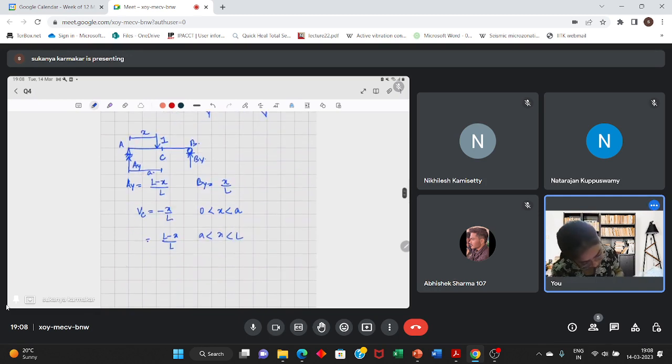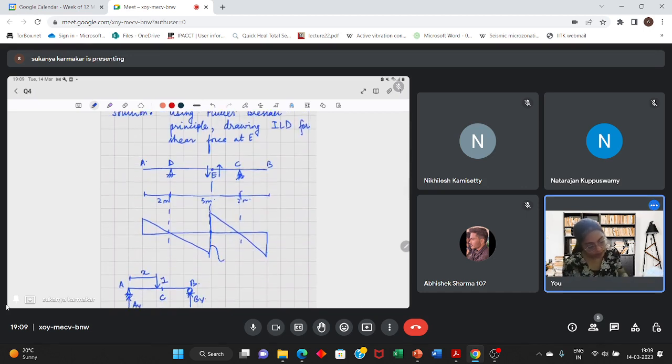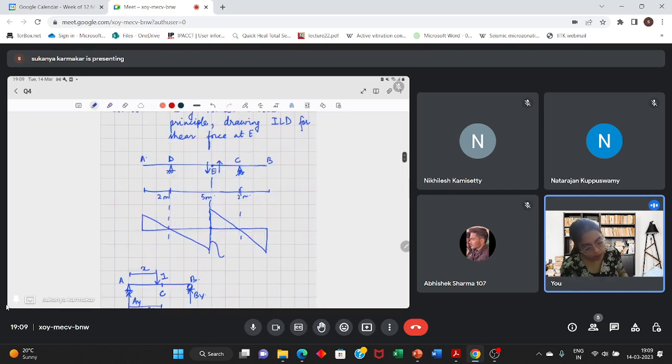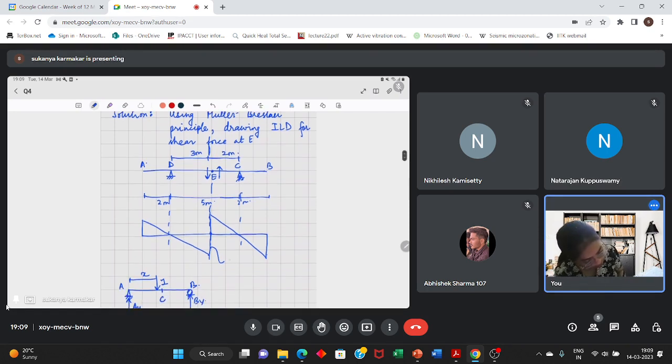In other words, the shear force diagram will be like this, where this portion is A by L and this portion is (L minus A) by L. So here also, what will be this value? This length is 3 meters, this is 2 meters. This will be 3 by 5, which is 0.6.